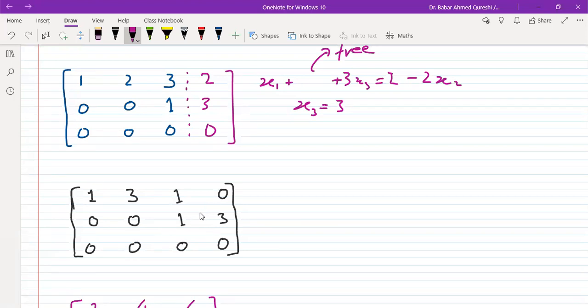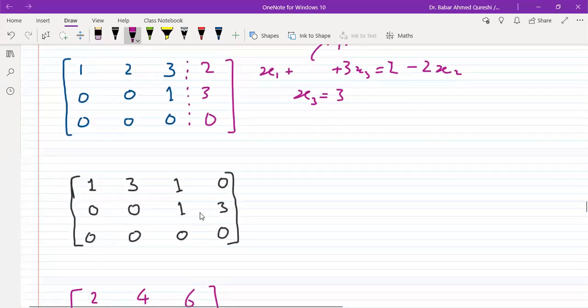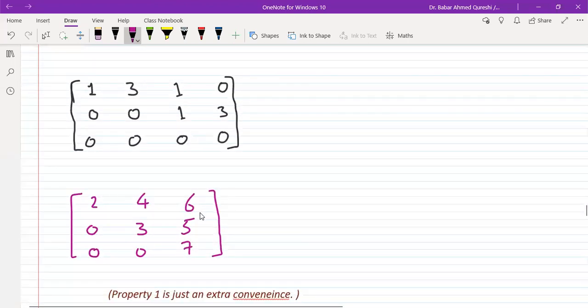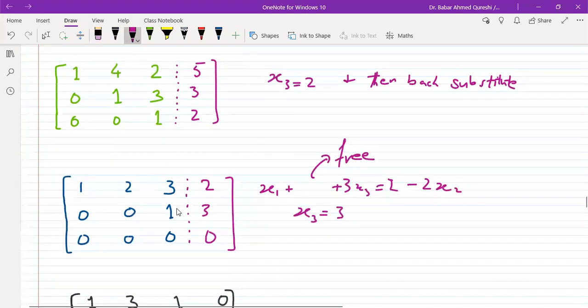Now this one, let me change this. Sir, I have a confusion. In matrix 2, we can find the value of x3; we can find that x3 is 3.